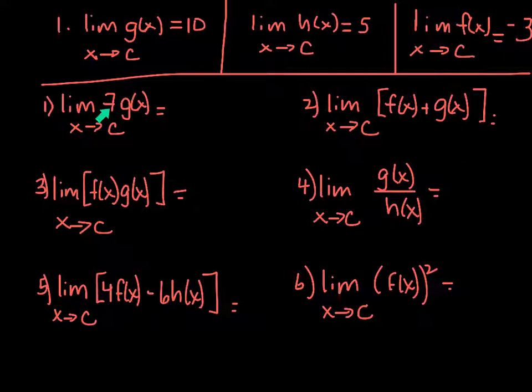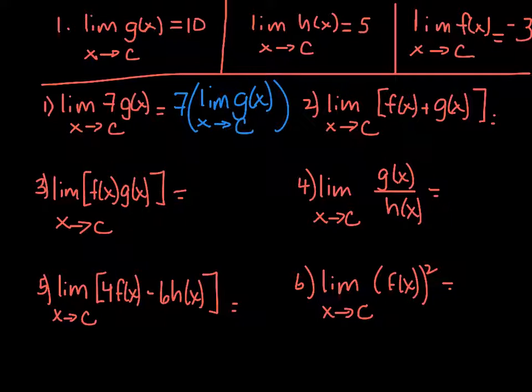So if it's a constant, I can take this 7, and what it's saying is I can throw it in front here. So what I'm basically going to be doing is 7 times the limit of g of x as x approaches c.